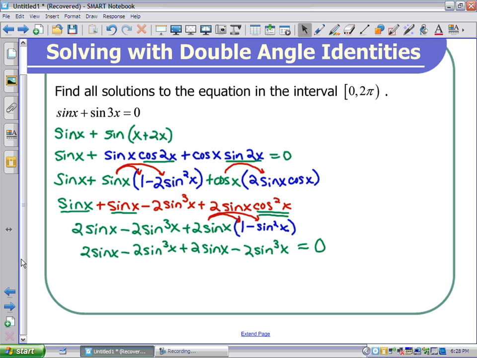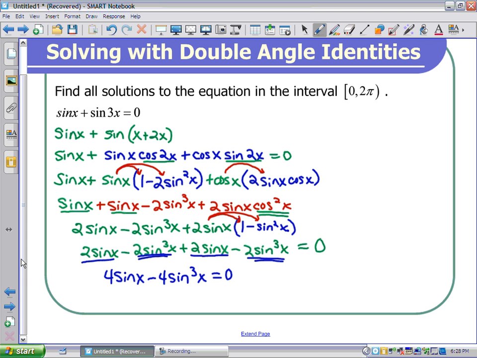All right, so here we're going to combine some like terms. I see we have 2 sine x and 2 sine x. That's going to give us 4 sine x. And then we have negative 2 sine cubed x and negative 2 sine cubed x. So we have negative 4 sine cubed x. This is still all equal to 0.